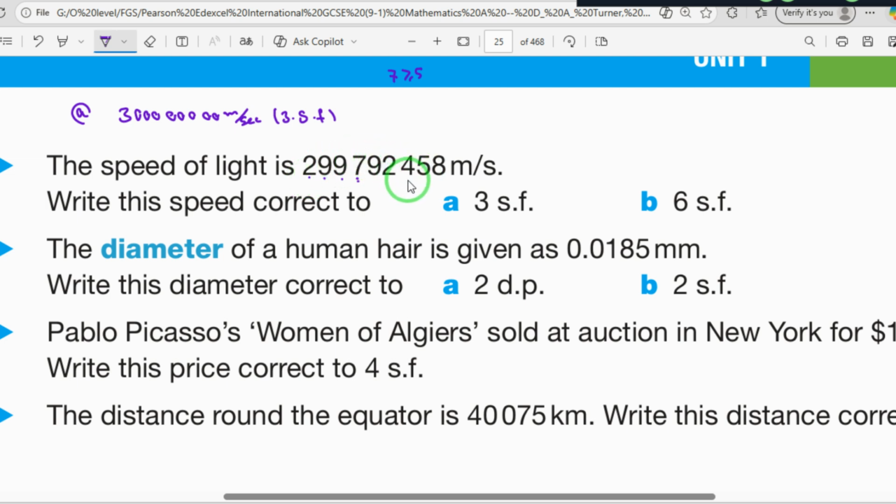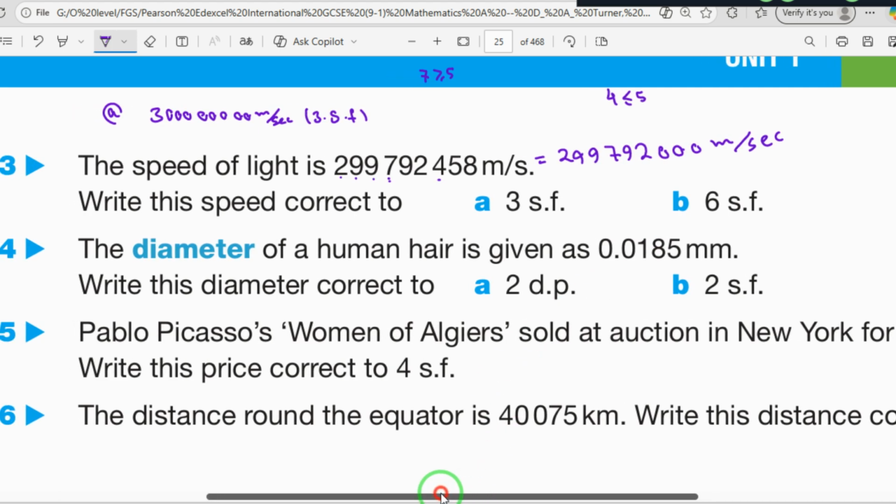Now we face with 4. 4 is smaller than 5, so we directly write 2 9 9 7 9 2. We directly ignore the 4 and the rest of the numbers become 0 0 0 meters per second. It's rounded correct to 6 significant figures.